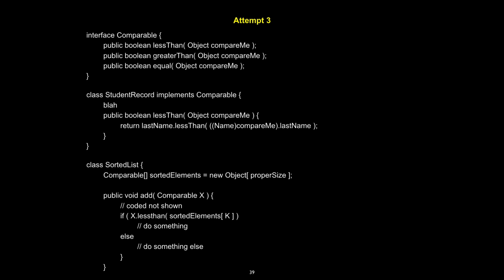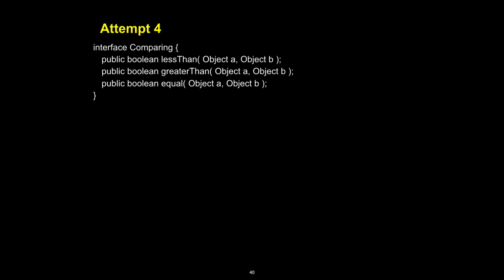Because as we know, this is still not flexible enough, right? The implementer is still coupled to that parameter. So we have another interface, something similar, but instead of acting on one object, we pass in two objects, right?